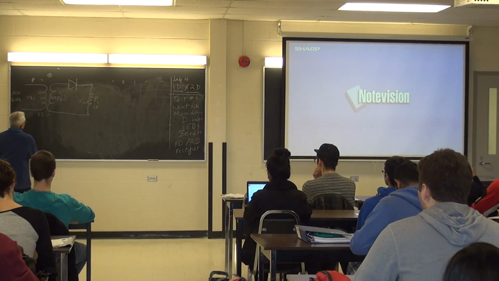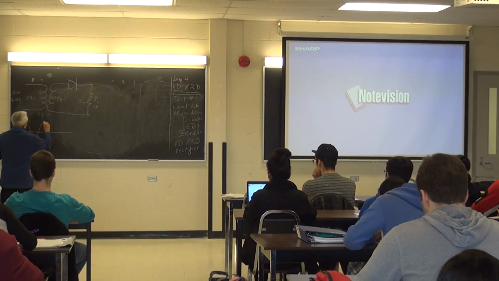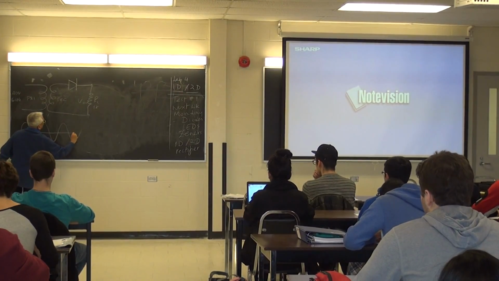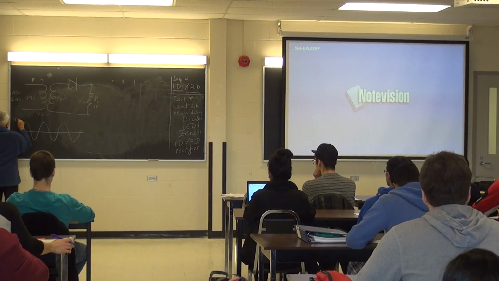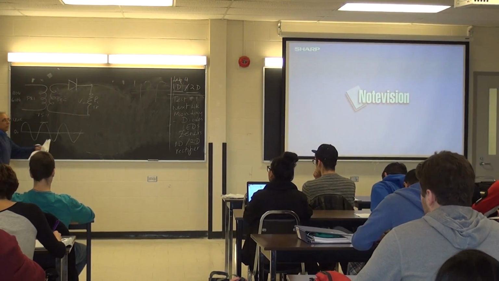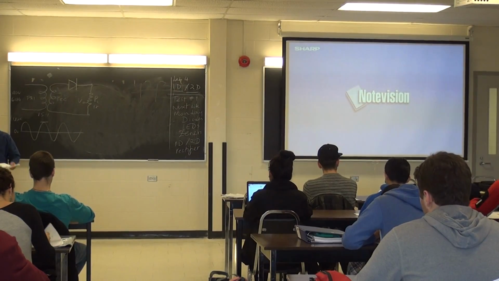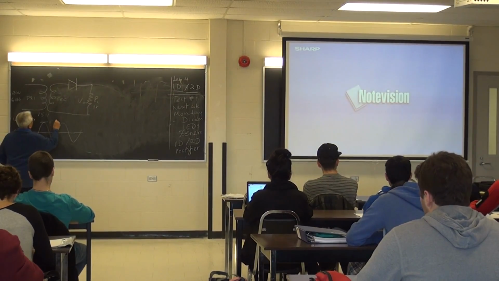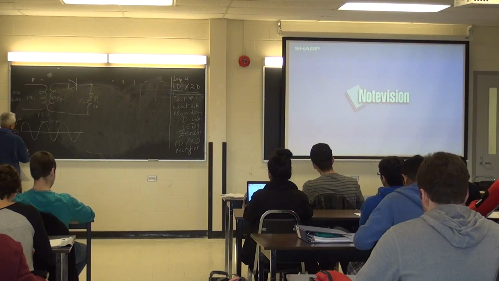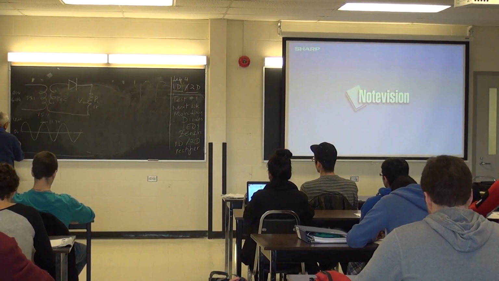What did the graph look like? Here's the V secondary with a peak value of how much? What was my peak value on page 2? 11.3 volts. And then underneath it, I drew the graph of V out.